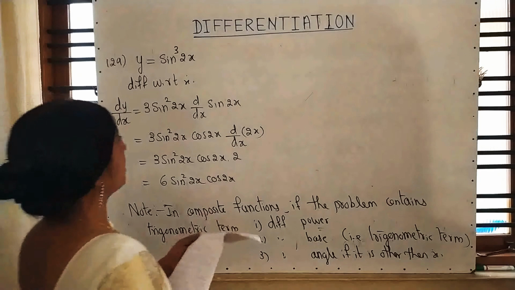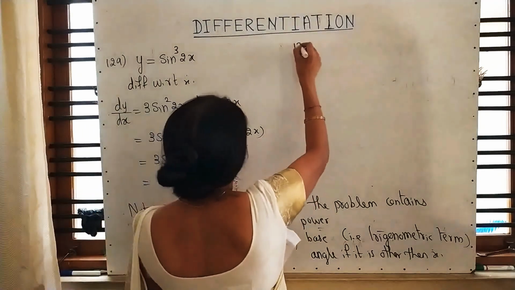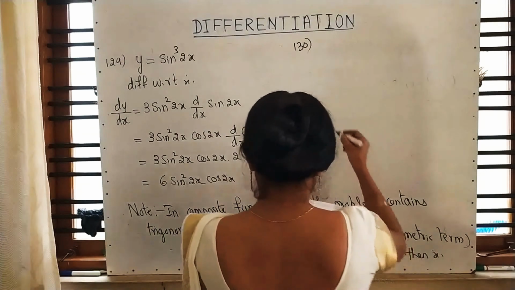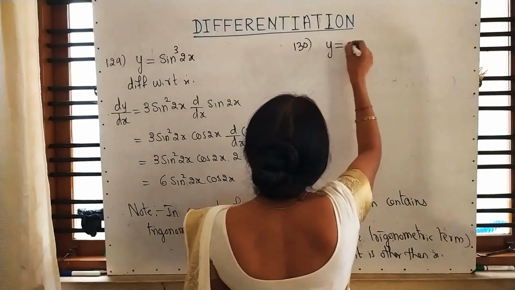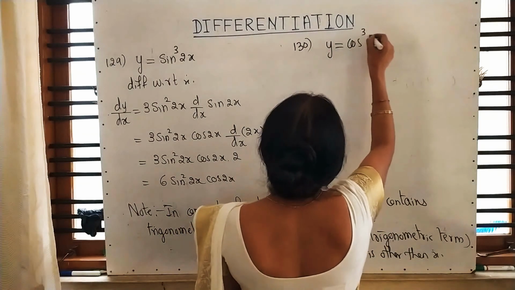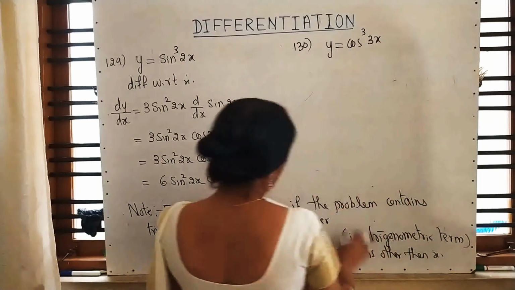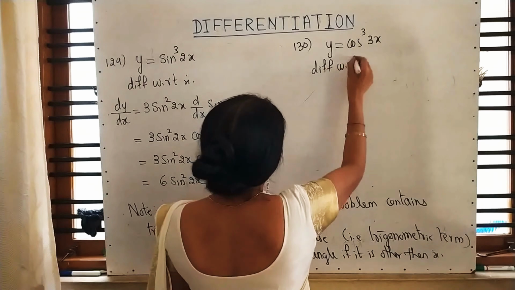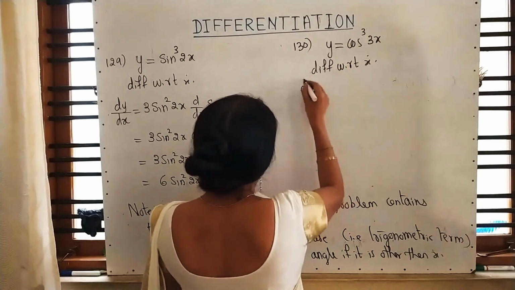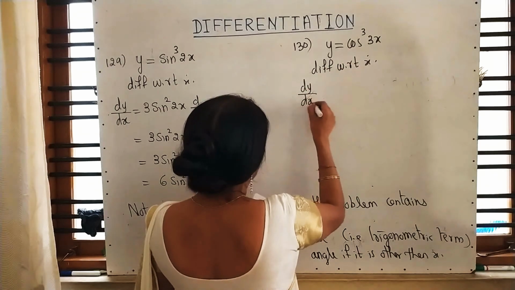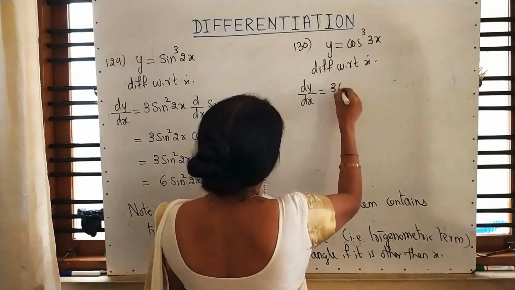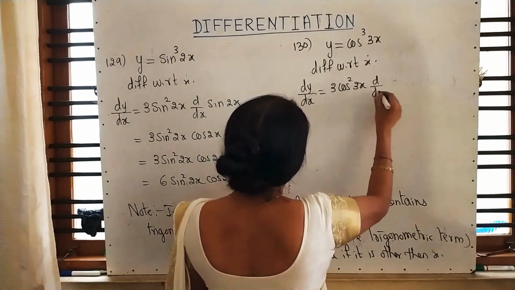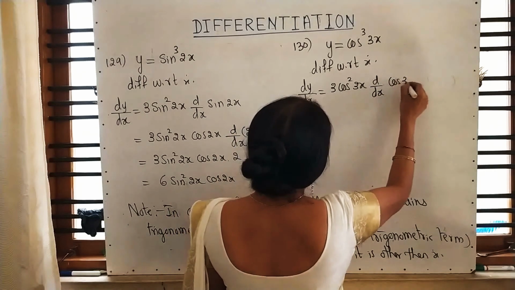Question number 130. Y is equal to cos cube 3x. Apply this concept. Differentiating with respect to x, dy upon dx is power 3 cos square 3x. After the power, the base is cos 3x.